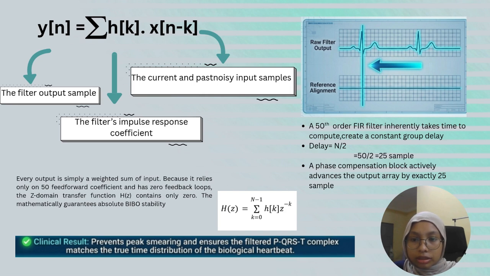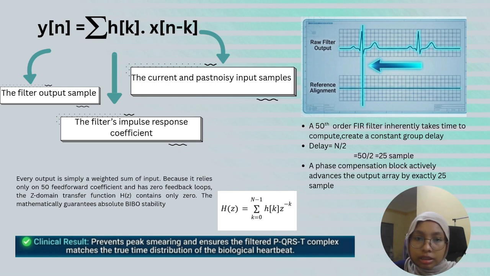Next, a 15 order FIR filter inherently takes time to compute, creating a constant group delay. Group delay is the time lag. We calculate it using this formula: N, the order, divided by 2, and we got 35 samples.